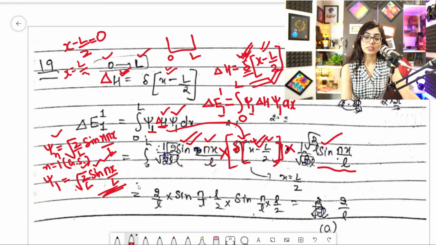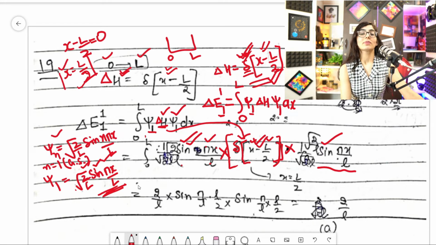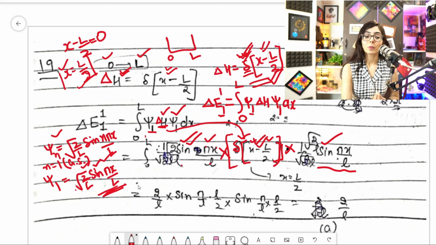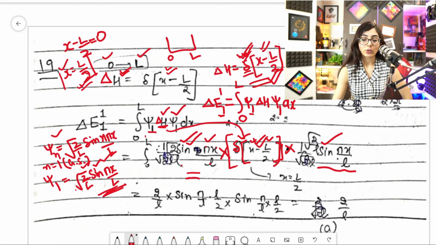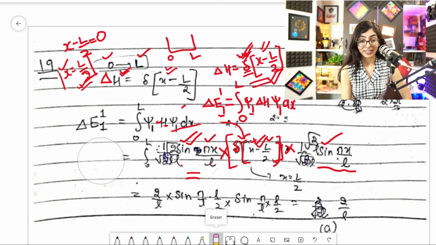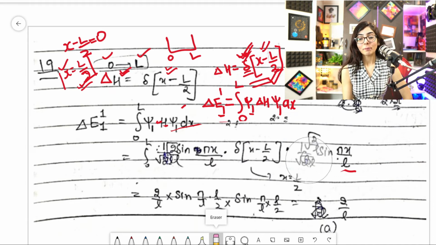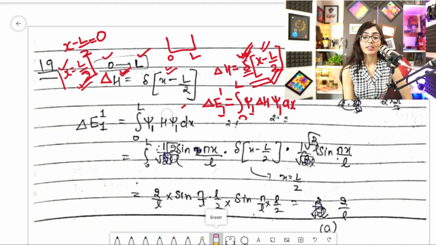Clear? So now since I got the value, x is equal to L by 2, what is my next step? I'll try to put this value in the original equation. Let's see how to do that. First, let me clear the mess which I always create. Before putting the values, I'll ignore the integration, the way I told you.